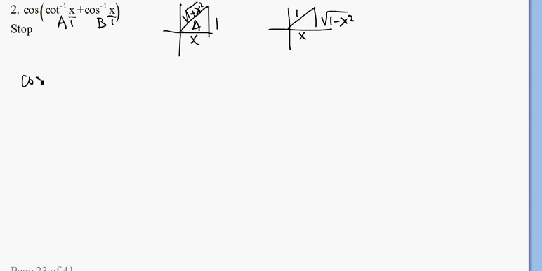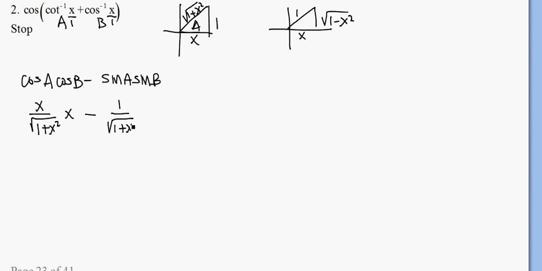So this is the cosine of A cosine of B minus the sine of A sine of B. So the cosine of A is X over the square root of 1 plus X squared. Cosine of B is X, minus the sine of A, which is 1 over the square root of 1 plus X squared, times the sine of B, which is the square root of 1 minus X squared.